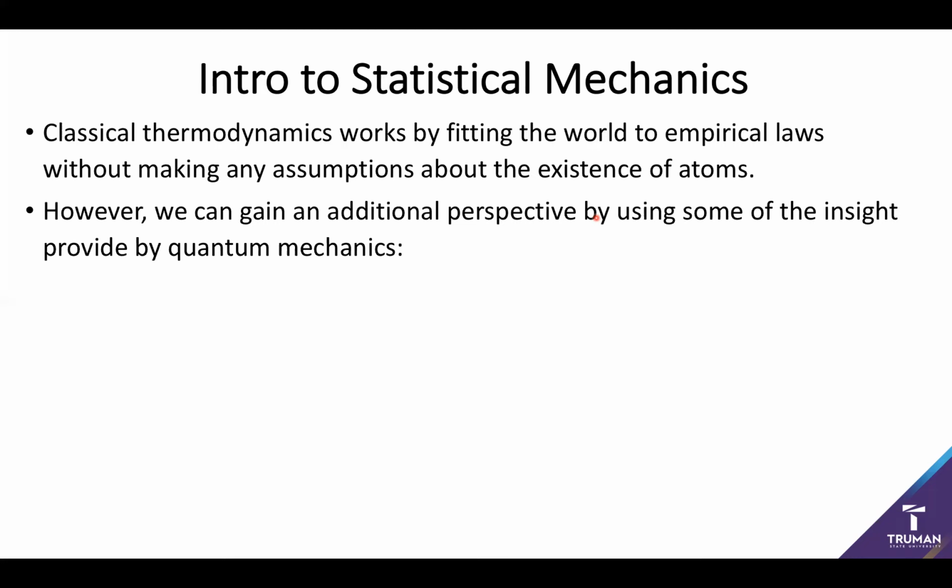Unfortunately, in chemistry, that's slightly problematic as the ground up involves atoms and molecules, which are entirely dictated by quantum mechanics. So it's worth making note of a couple of the take-home messages from quantum mechanics. They're going to prove really crucial in building up statistical mechanics.